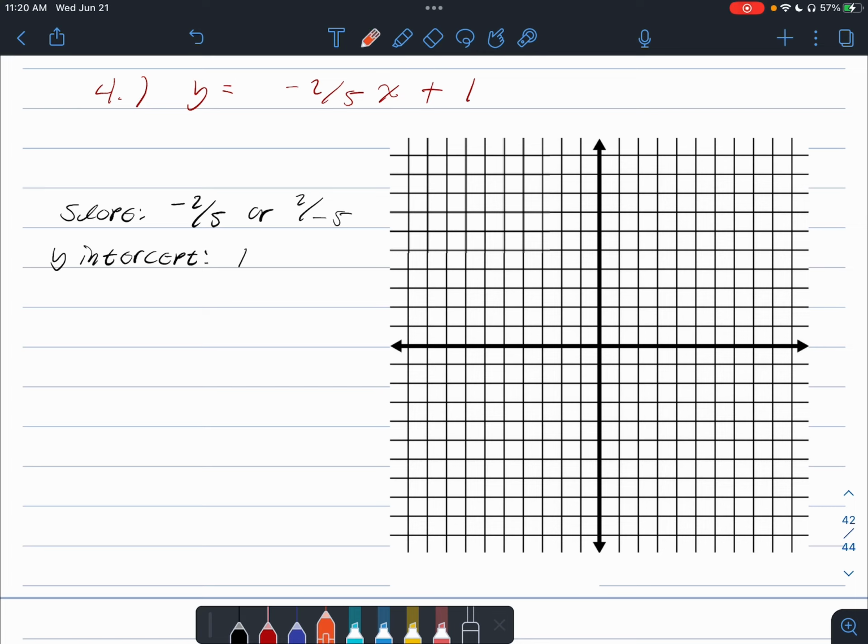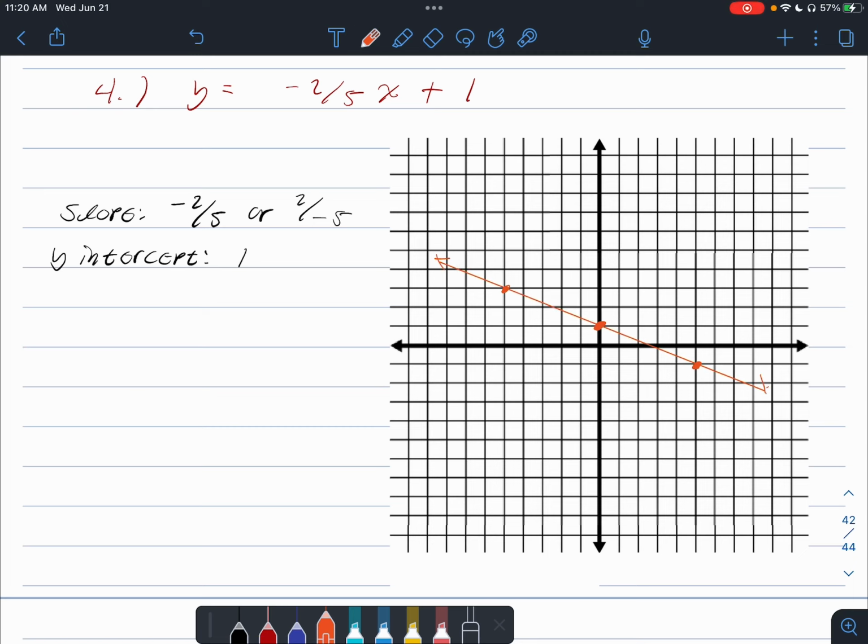So that means x equals 0, y is going to be equal to 1. And now we can do our rise over run for our slope. So we go down 2 to the right 5. Okay. Or we can go up 2 to the left 5. And we can connect our dots at that point. And that's roughly what your line is going to look like.